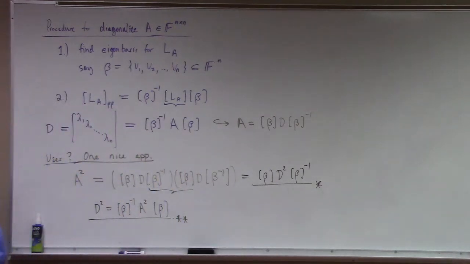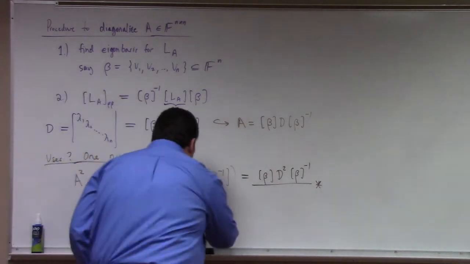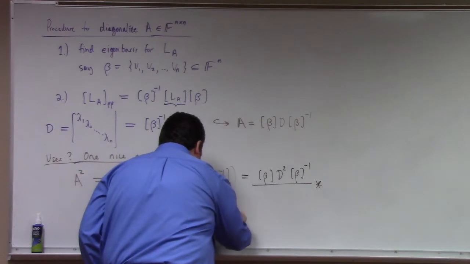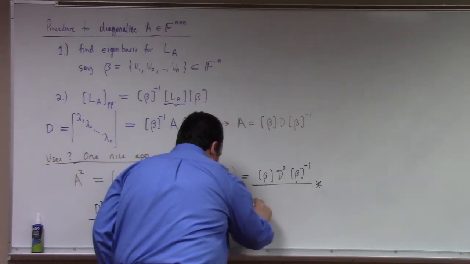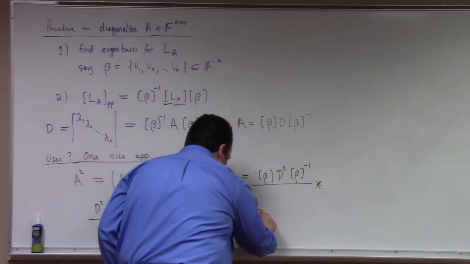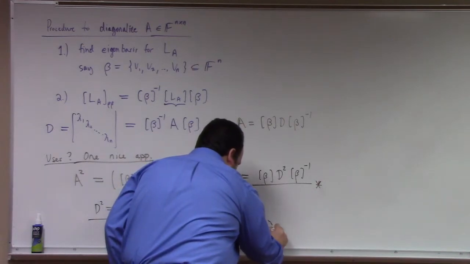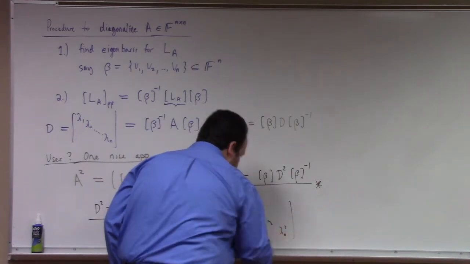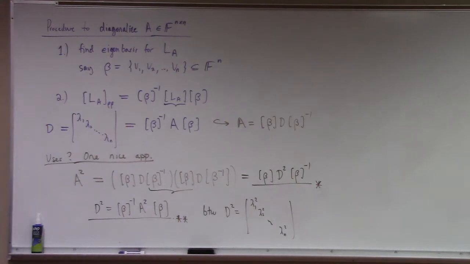Star star is interesting because what is the square of a diagonal matrix? It's the square of the diagonals, right? It's lambda 1 squared, lambda 2 squared, lambda n squared. Is it easy to square a diagonal matrix? Oh, yes.